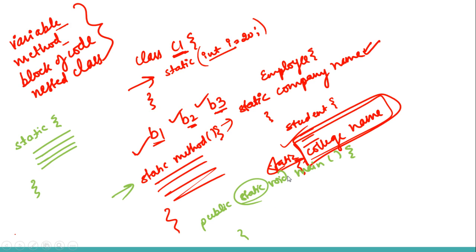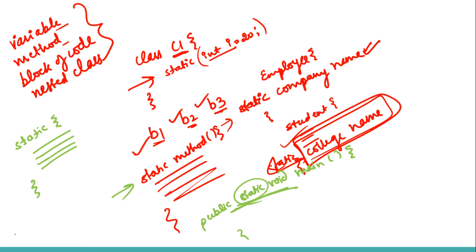You don't create an object of the main method to access the variables or the methods of main. Main is the first thing that is loaded or started when you run a program. How is that? Because it is a static method. You don't need any object to refer to a static method.